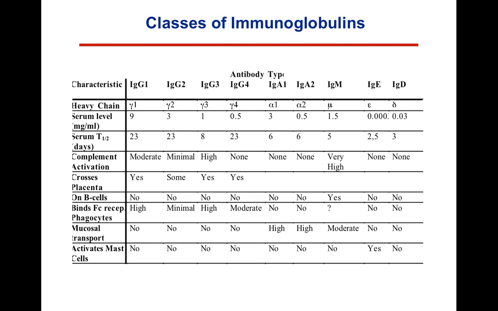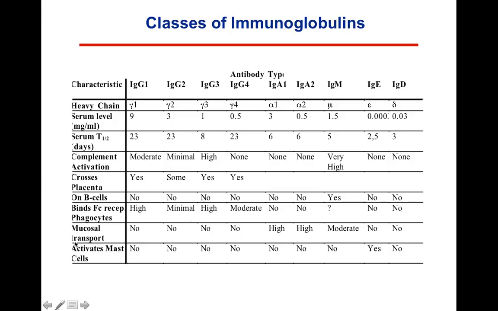On B cells, we'll see that the IgMs are on B cells. They have Fc receptors and can undergo phagocytosis. And you can see here IgG1s and IgG3s can do that. They bind to the receptors, as we see, and can undergo activation. And IgG1s have the highest ability to do that.